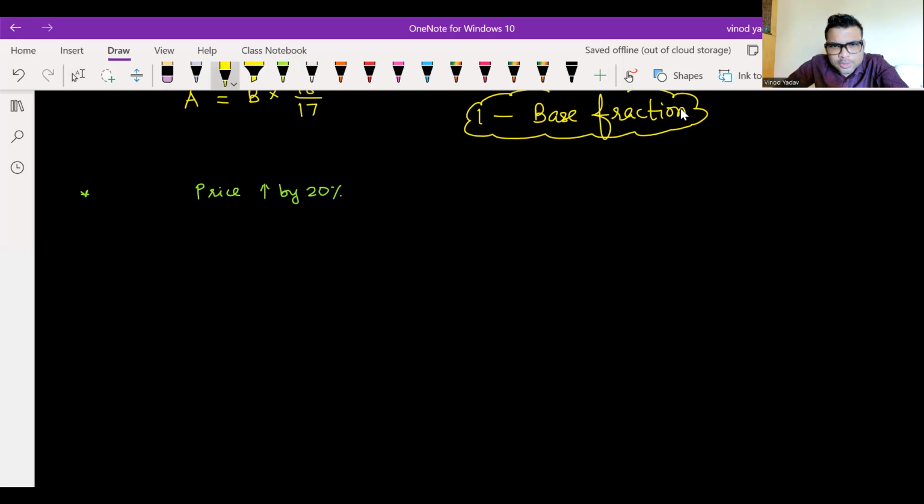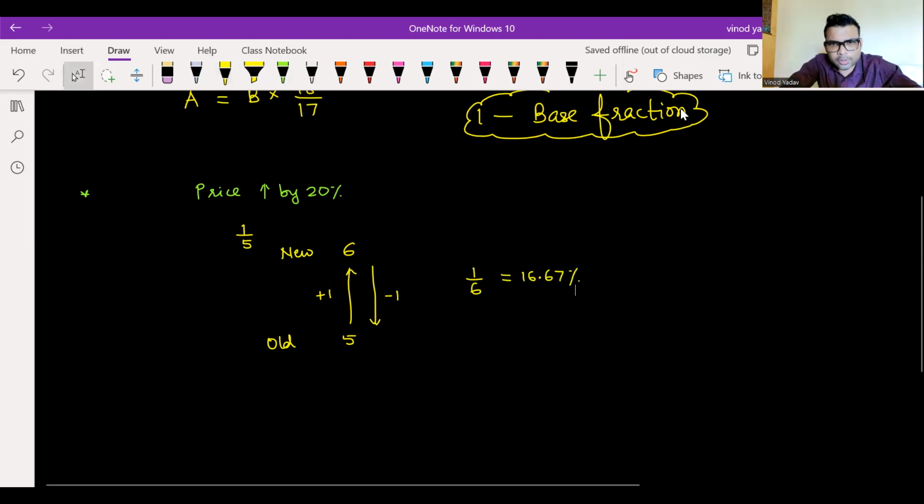Same thing. 20% is 1 by 5. Old price is 5. It increased by 1, so it became 6. So now 6 should become 5. So 1 less, so 1 on 6. Yes, 16.66%. Same thing. Now understood? Okay.